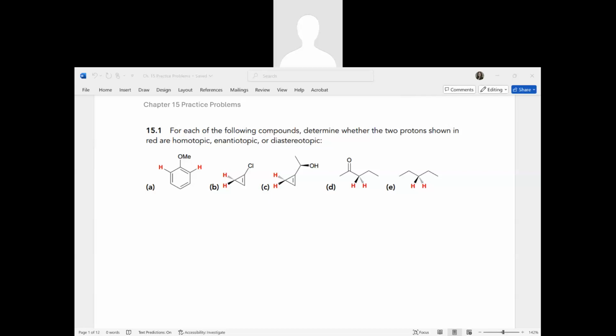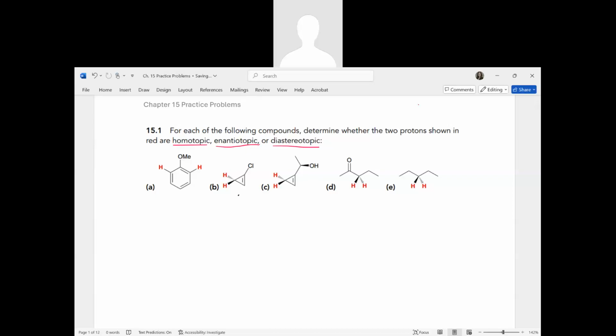For problem 1 from chapter 15, we are asked to determine for each of these compounds whether or not the two protons shown in red are homotopic, enantiotopic, or diastereotopic.